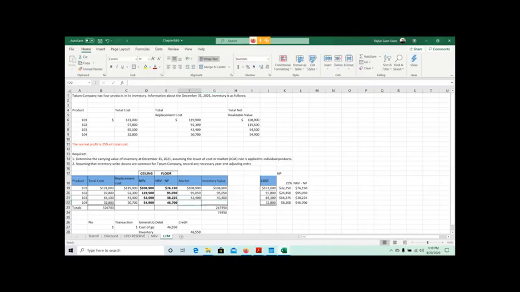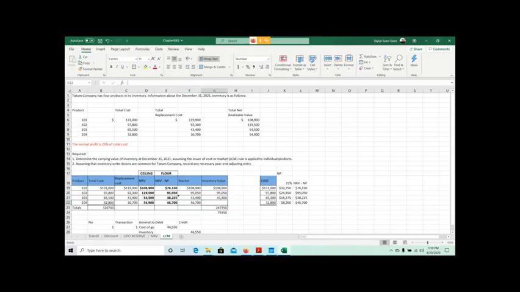So I report the full amount of the replacement cost. Now for the last one, 104, we observe that the replacement cost is lower than cost, and the replacement cost is lower than the ceiling, so I can only go up to the ceiling. But the ceiling, I'm sorry, not ceiling, the floor is higher than the cost.